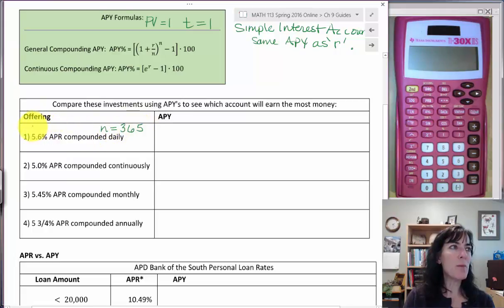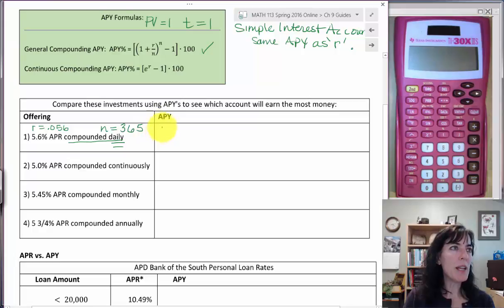This 5.6% APR means my R has to be 0.056. Remember, you can always use the 5.6 and then the percent sign in this formula or any formula. If I want the APY, it says compounded daily. That daily tells me I need the general compounding formula.